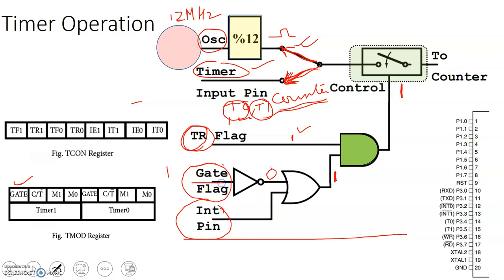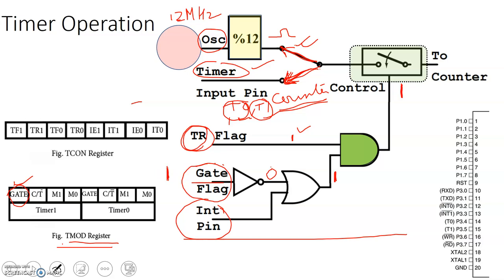Here is the gate flag of the TMOD register. This needs to be 1 if we intend to use it as a timer controlled by hardware, that is, the external interrupts INT0 or INT1. So then I have to set it to 1.